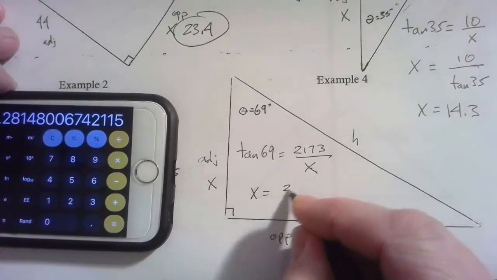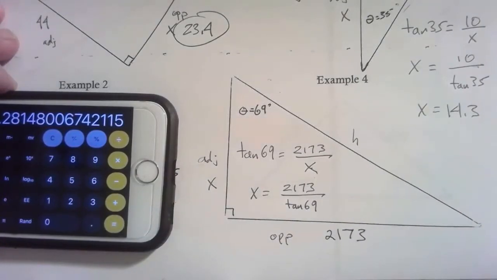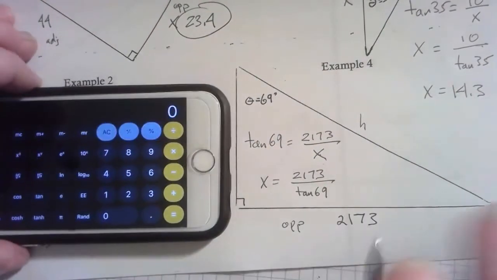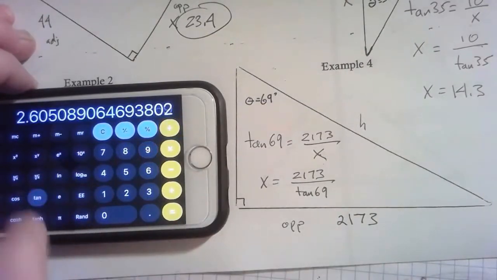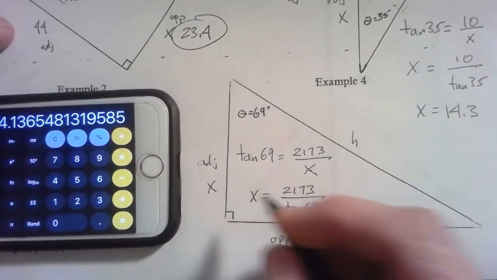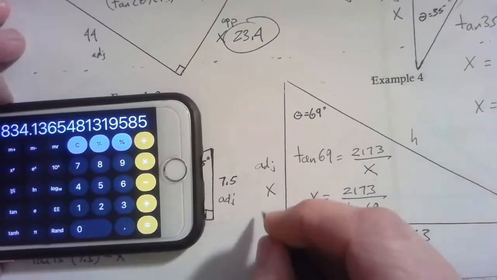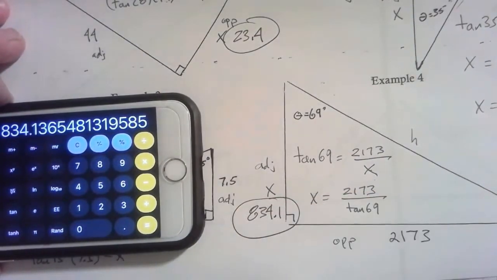X equals 2173 divided by the tangent of 69 degrees. I'll do that on my calculator. So 2173 divided by 69 tangent equals 834.1. So 834.1 is that adjacent side.